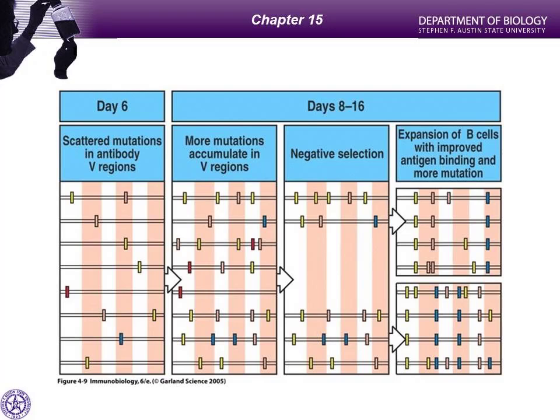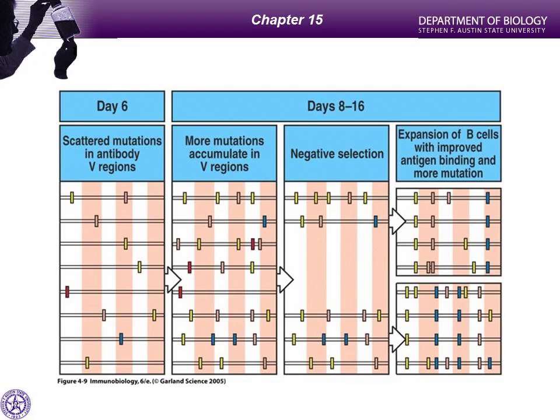And what started out as one single cell, now we have 1, 2, 3, 4, 5, 6. You have 8 different clones of that B cell. And each of these colored little lines, these hashes, marks a mutation. The colors designate one of the 4 nucleotides. So that's after 6 days.